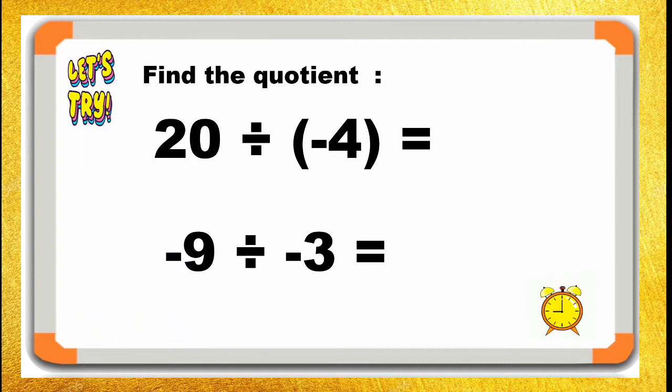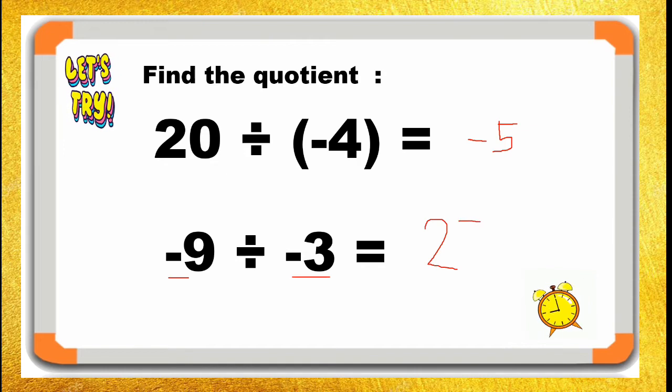Let us answer. 20 divided by negative 4, the answer is negative 5 because they have unlike signs. Now, negative 9 divided by negative 3, the answer is positive 3. Why? Because they have like signs. Okay, get it, class?